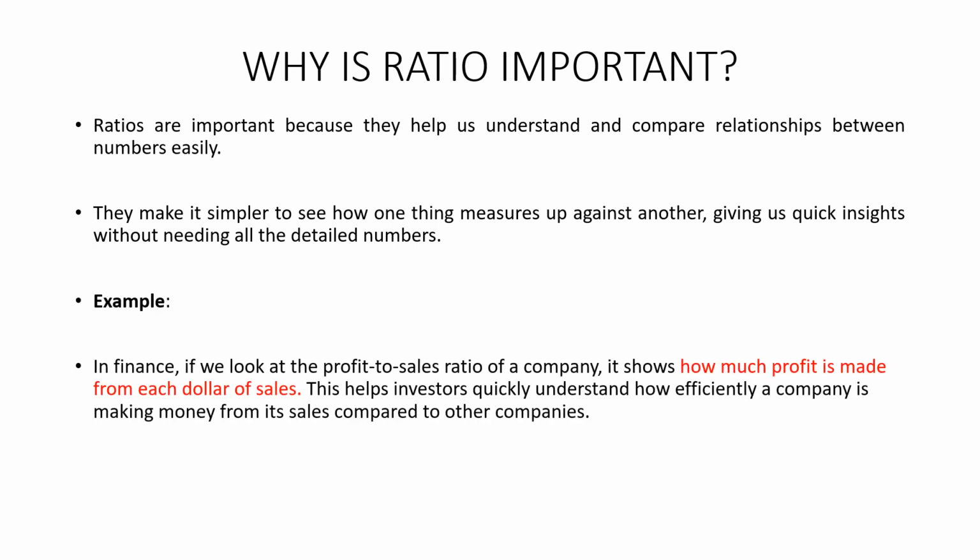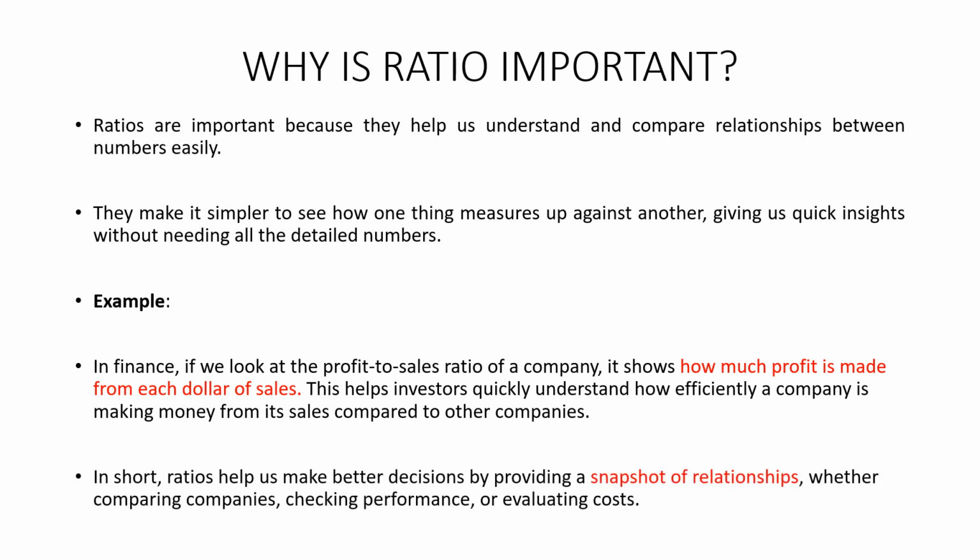Let us look at another example. In finance, the profit to sales ratio of a company shows us how much profit is made from each dollar of sales. Got it? This helps investors quickly understand how efficiently a company is making money from its sales compared to other companies. It helps you compare between different companies from the same sector, or from a different sector.